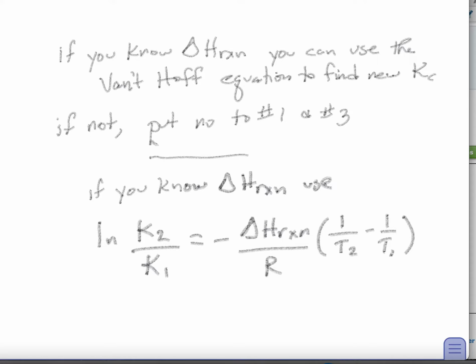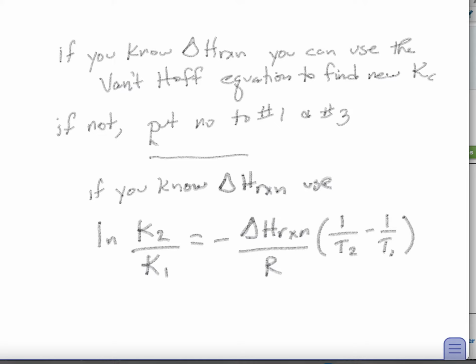If you do know your heat of reaction, use Van 't Hoff. If you don't, then you're going to say no, I don't, and then you're going to say no also to number 3, because if you don't know the heat of reaction, you can't fill in the Van 't Hoff at all, and you can't even guess whether your K is going to go up or down.